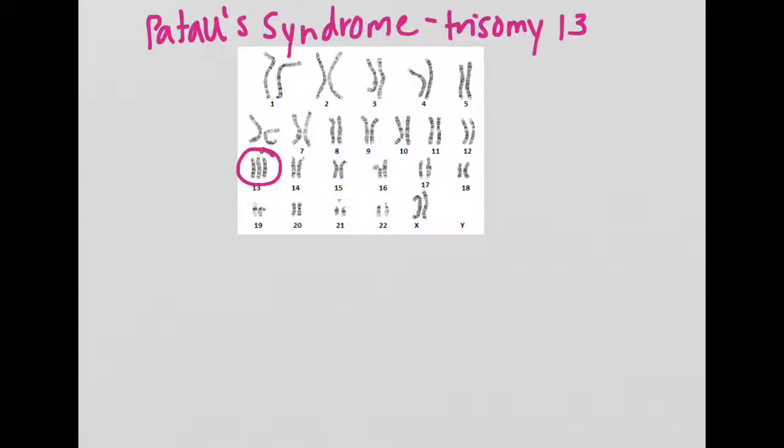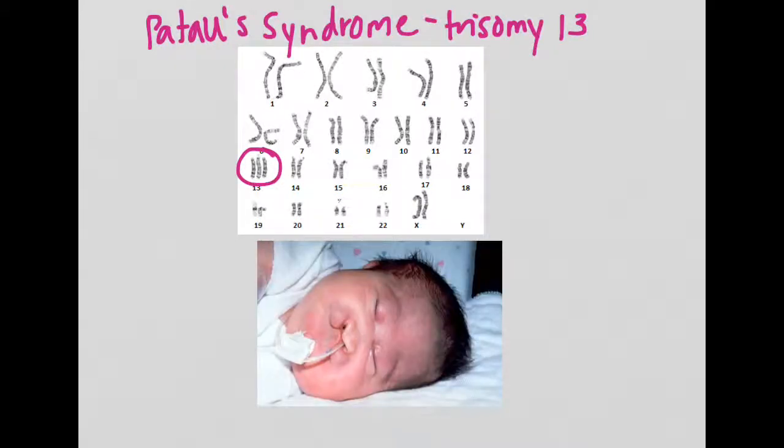So I'll show you a picture here of a child's head and face, but just keep in mind that if this is how incredibly affected the face and head are, imagine what the rest of the body looks like. Again, this is a very mild picture of Patau's. There's some really scary stuff that you can go and search for on your own if you'd like.